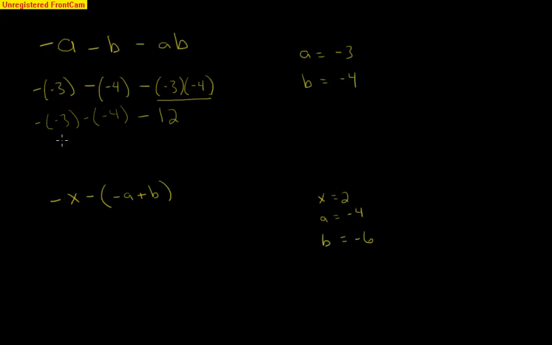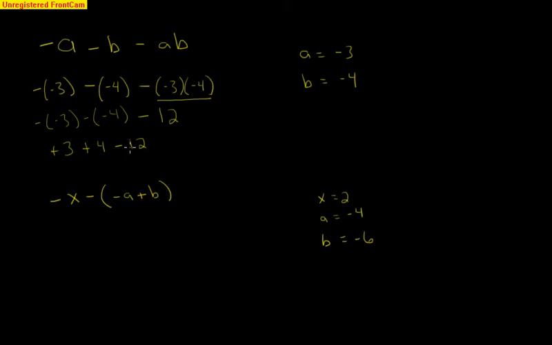Now we work left to right. One thing I can do is say, well, the opposite of -3 is +3. Minus -4 is the same as adding 4. Subtracting -4 is the same as adding 4. And then finally, -12.